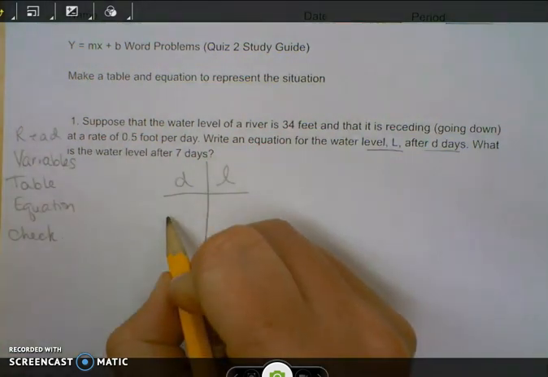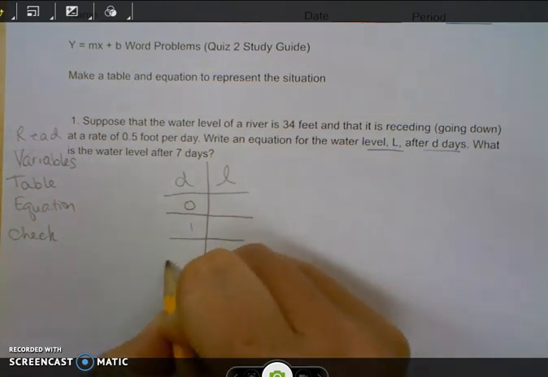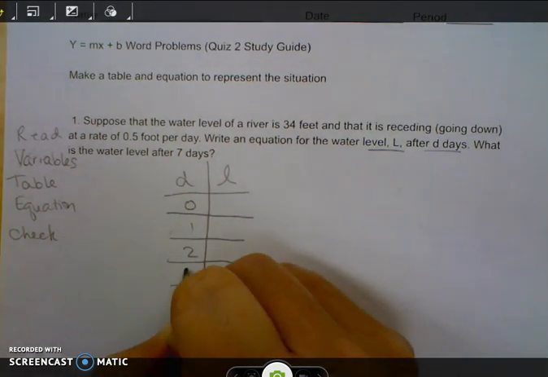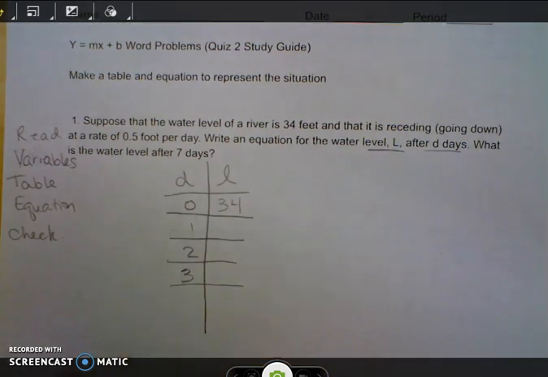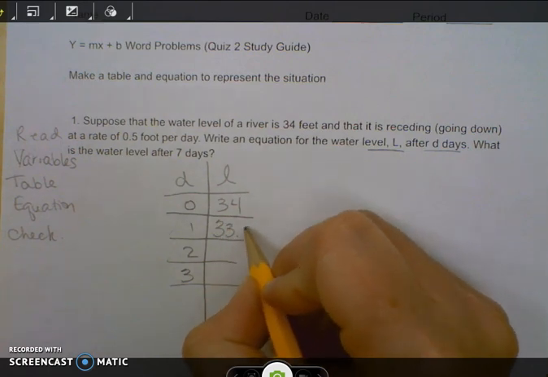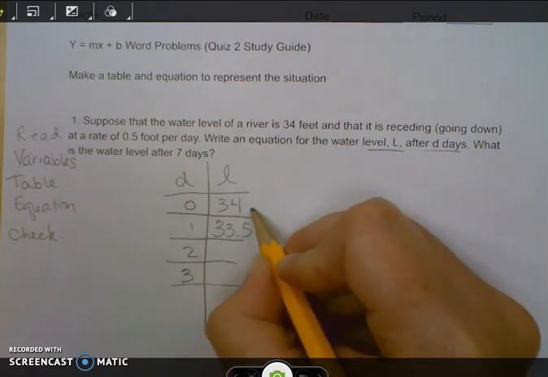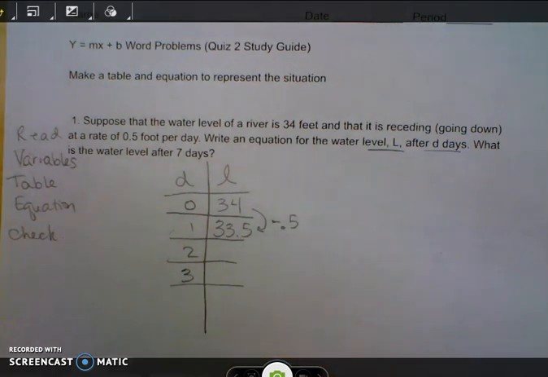So I'm going to start creating my table 0, 1, 2, 3. So at 0 days, I know my water level is 34 feet. After receding for 1 day, I know it's at 33.5 because it's receded or gone down 0.5 of a foot.